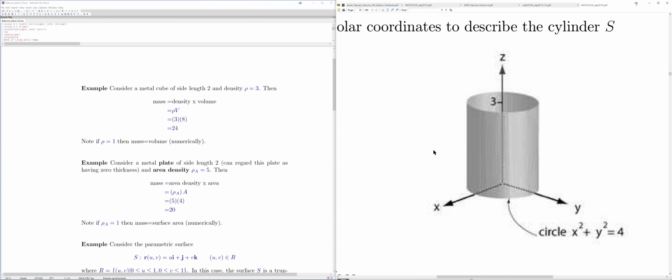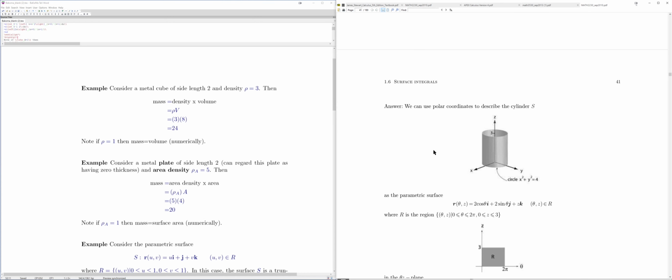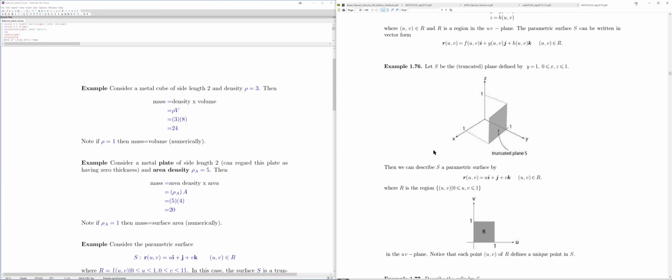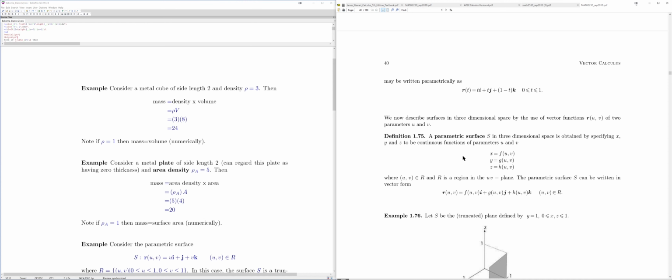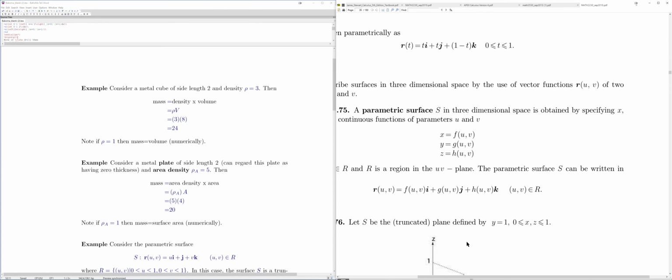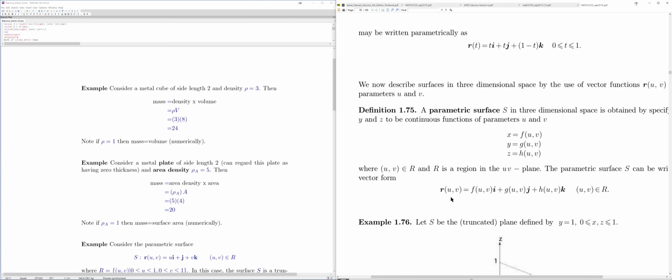Both of these were examples of parametric surfaces, and how you specify a parametric surface is, well, most of the time we're going to be using this vector notation here. You specify a parametric surface using two parameters u and v.